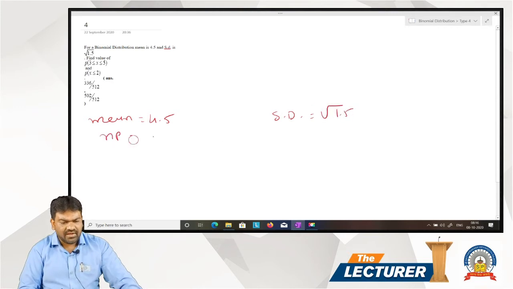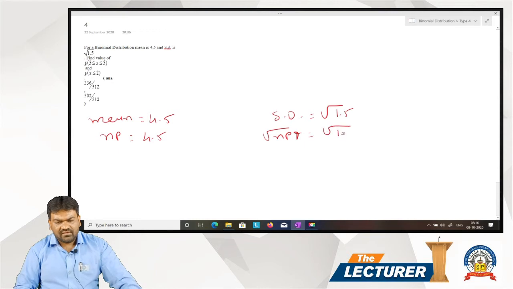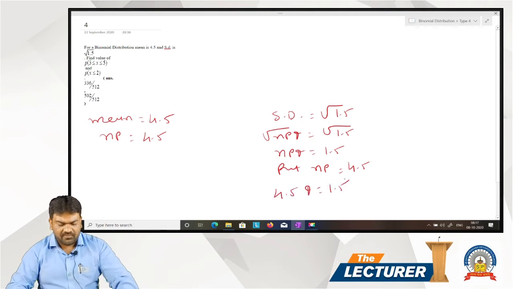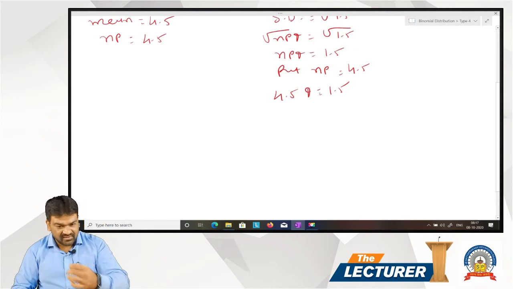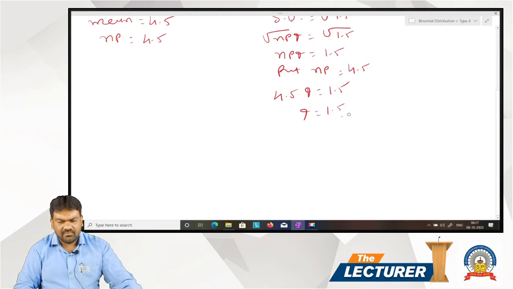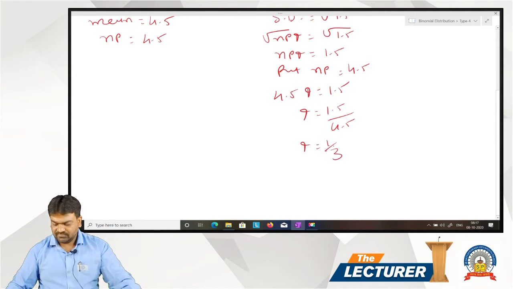Mean is equal to np, np is equal to 4.5, standard deviation is equal to under root npq is equal to under root 1.5, so npq is equal to 1.5. Put np is equal to 4.5, 4.5q is equal to 1.5, 4.5 goes to the other side so it will be divided, 1.5 divided by 4.5, q is equal to 1/3.